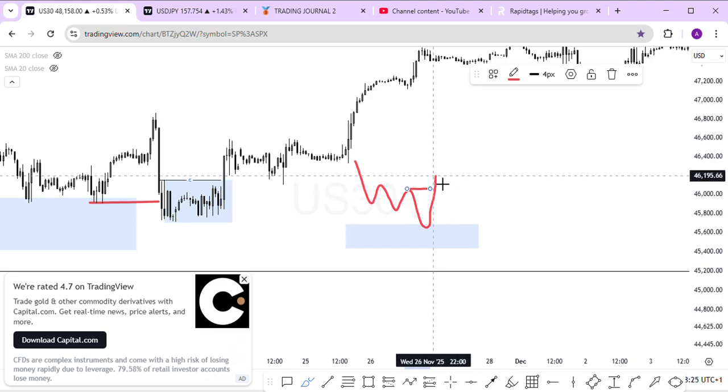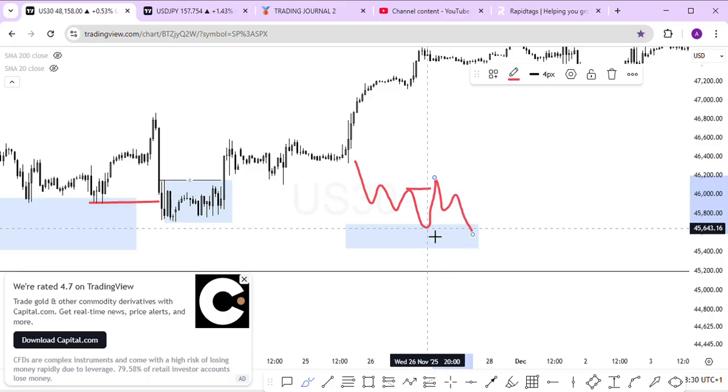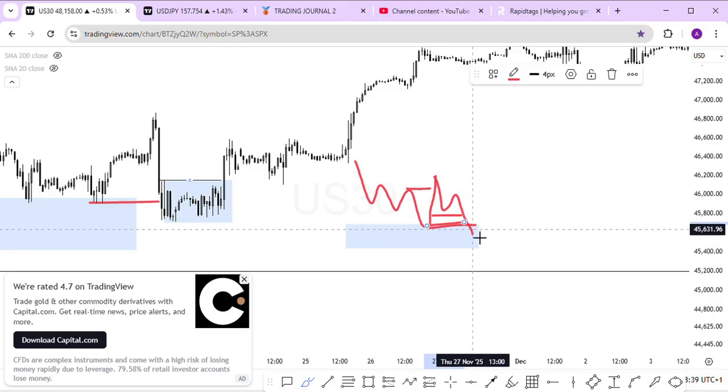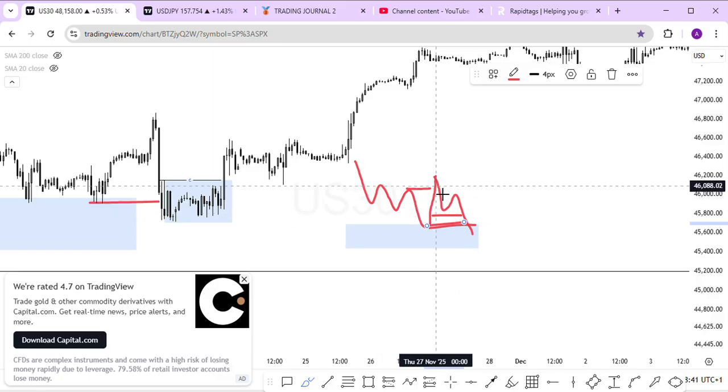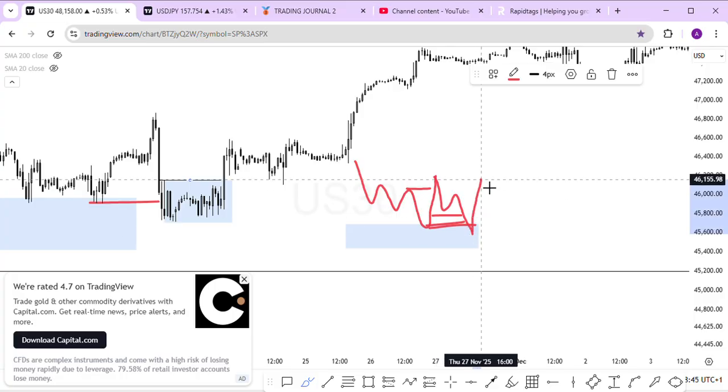First attempts, markets tend to fake out and also come down, because if you are trying to buy here, then you will be stopped out if you are greedy with your stop loss. But if you put your stop loss here, then you will be safe. So you wait for the same process to happen. The first change of character tends to be fake out, while the second one tends to hold.